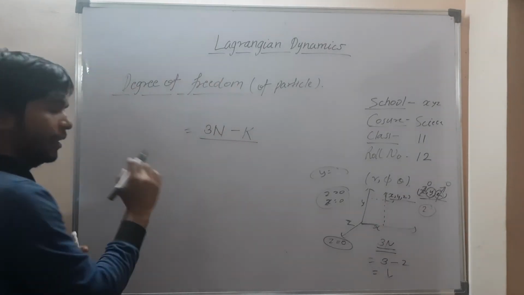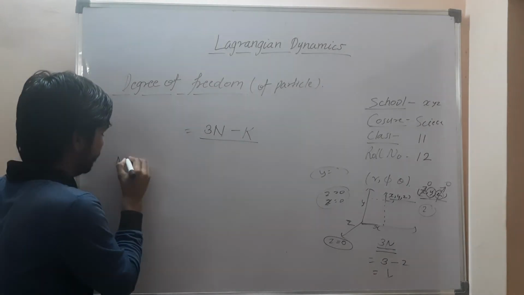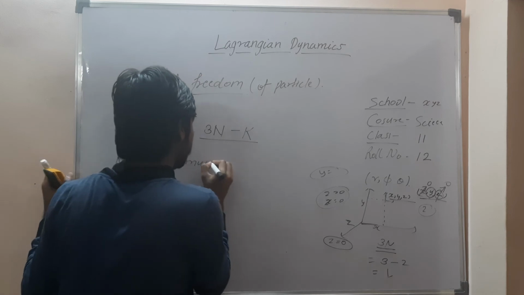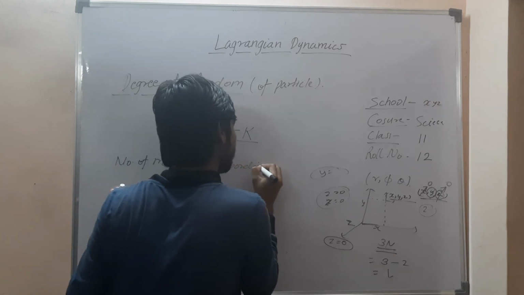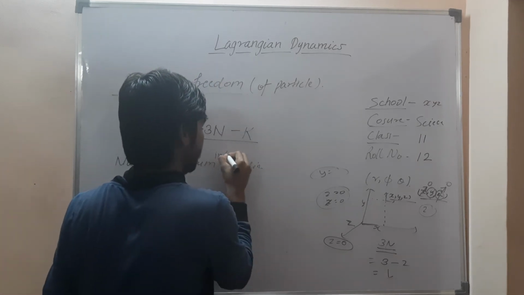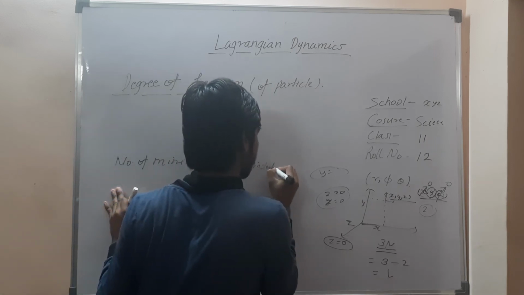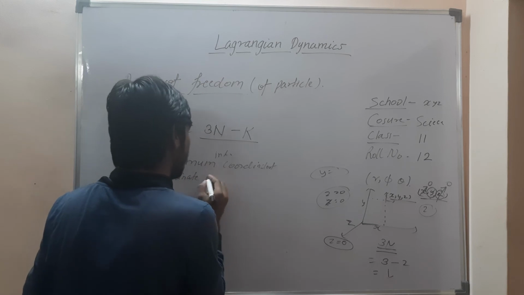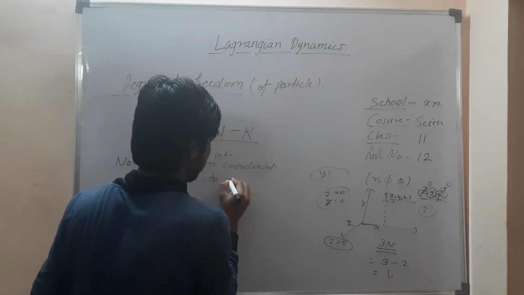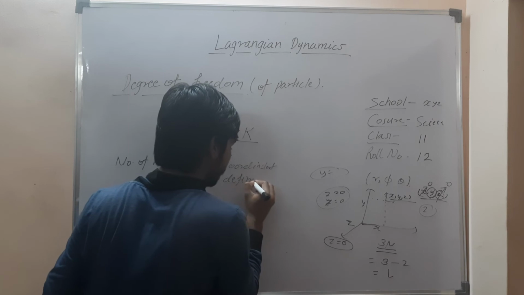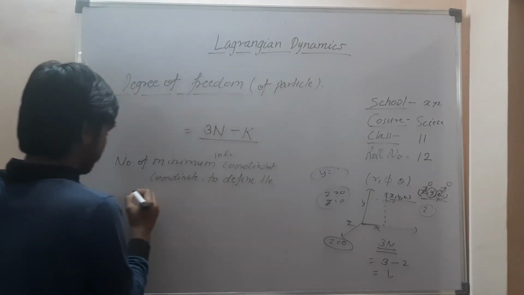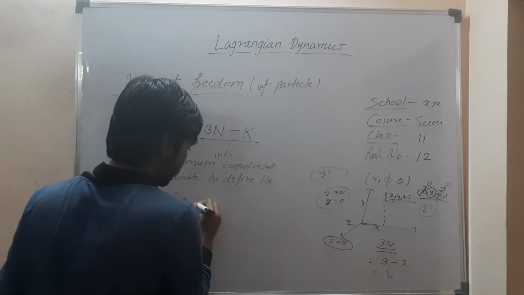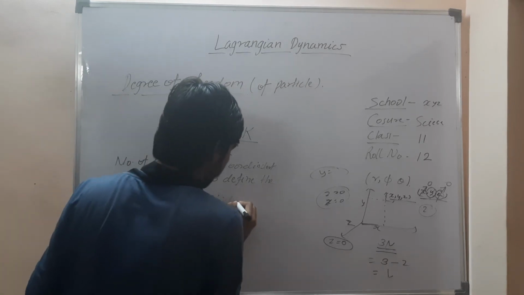This is the number of minimum independent coordinates to define the location of a particle.